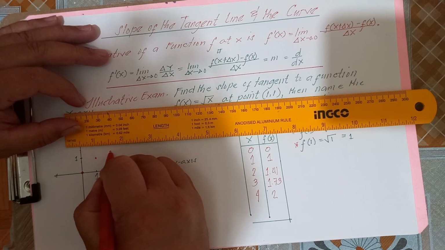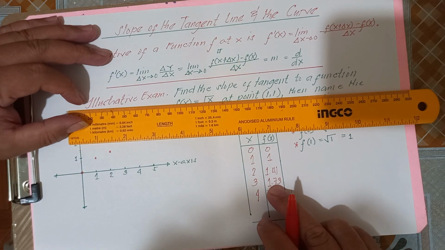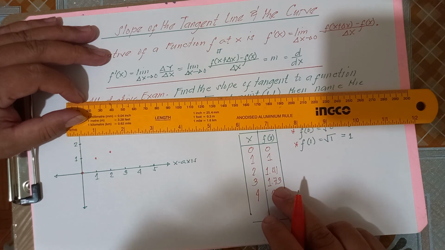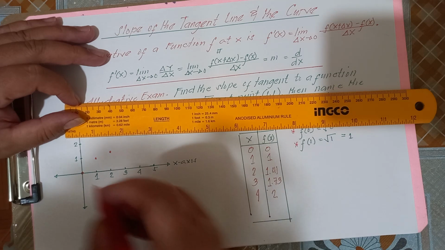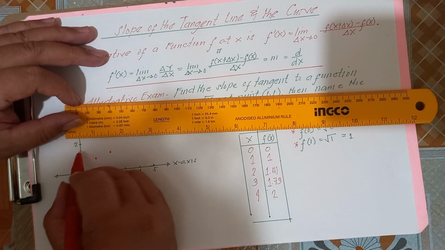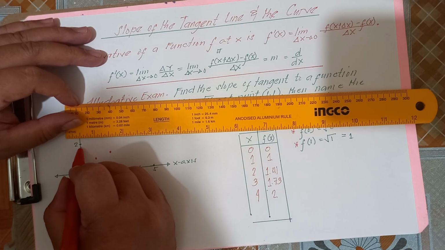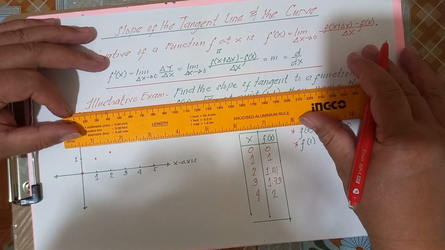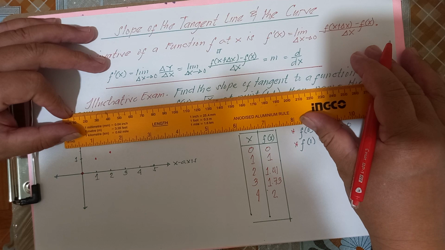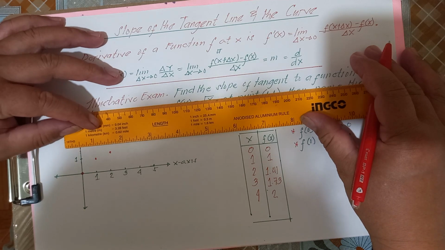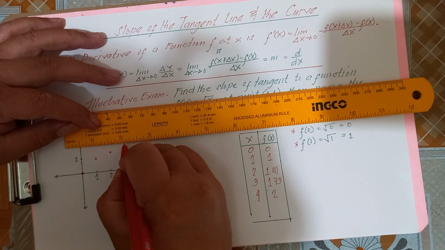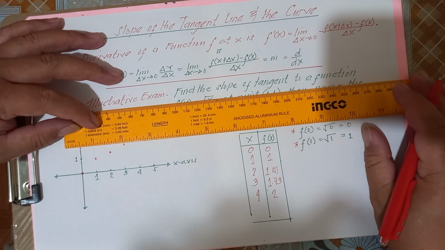So if I have 3, the value of my y is 1.73. So if this is 1.5, in here, more or less, is the location of 1.73. And so the point is located in here.